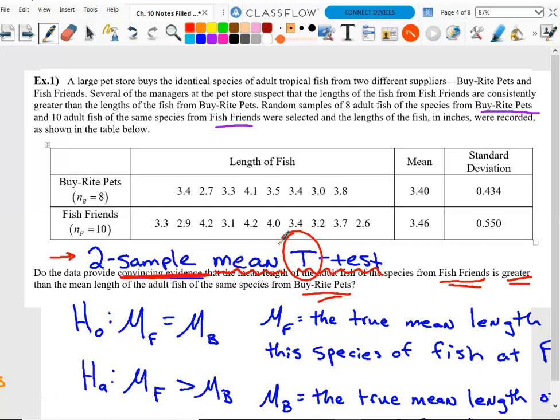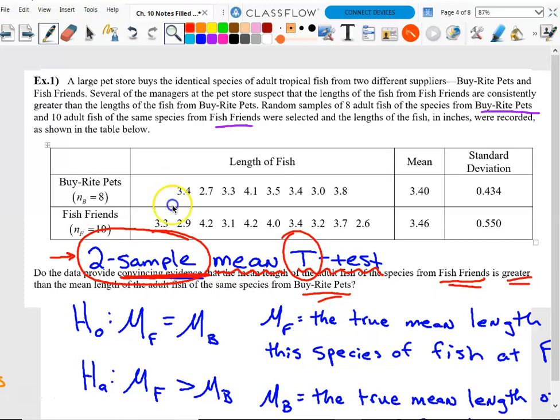The last thing you got to think about, which is highly underrated, is is this two sample or is it matched pairs? And again, that's not easy. Worst case scenario, you do it wrong. If you do all of the other pieces right, you'll still get a good grade.